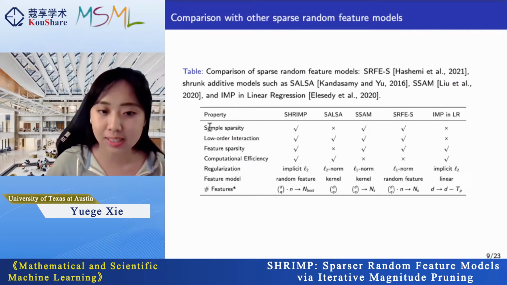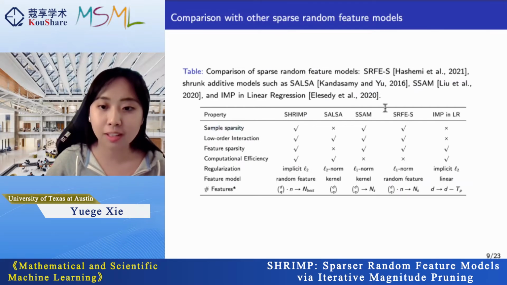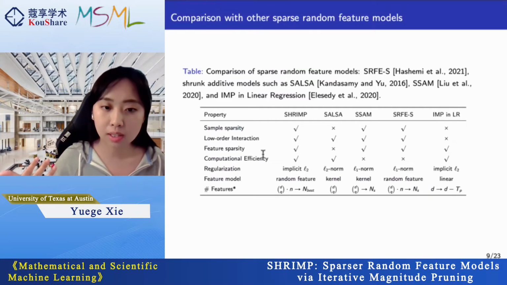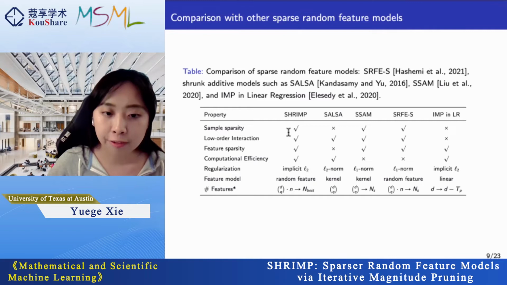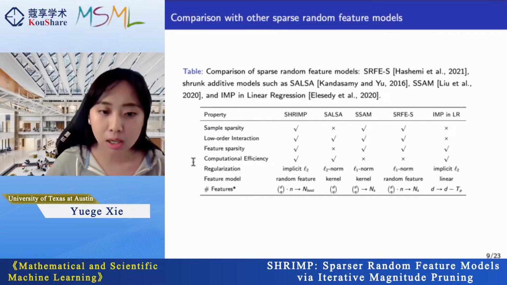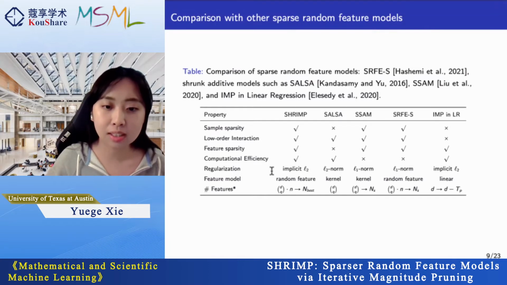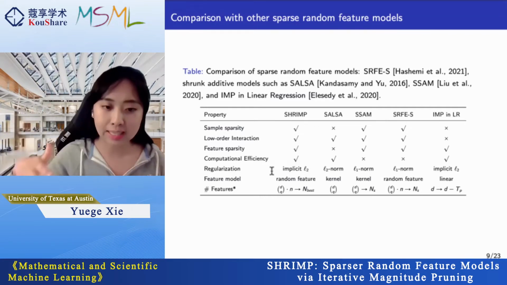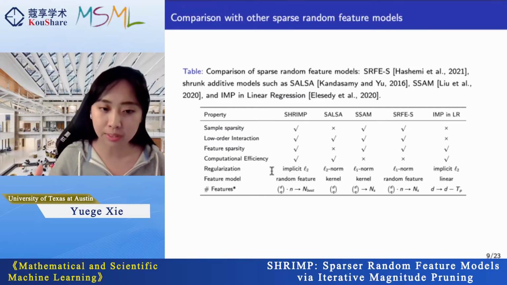I forgot to mention the sample sparsity is from the benefit of the sparse random feature model, and the low-order interaction and the feature sparsity are from the two-stage process. And from this process, we can obtain computational efficiency since we implicitly compute the minimum L2 solution, and we have the decaying number of features we need to deal with during the process.